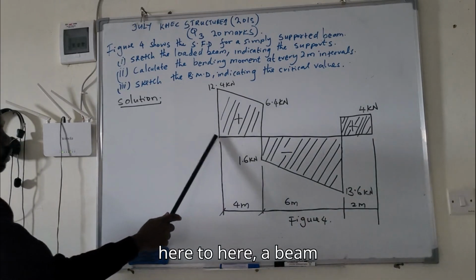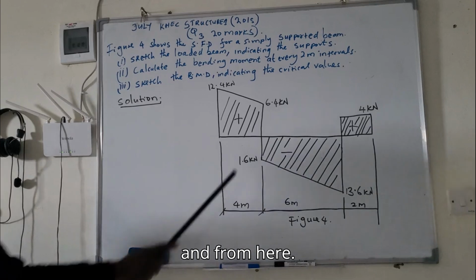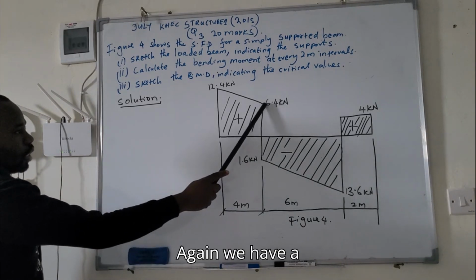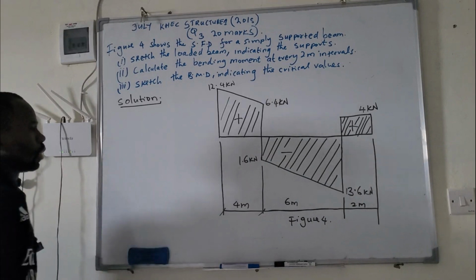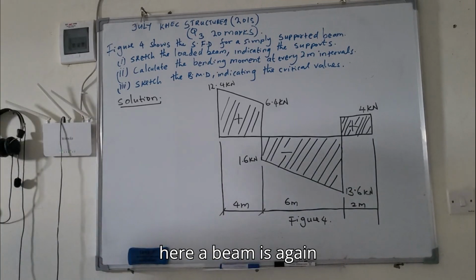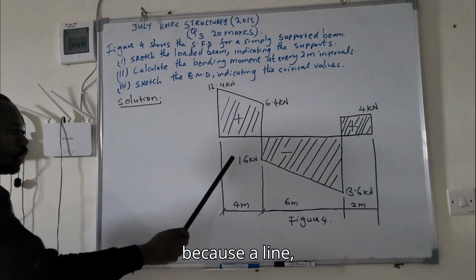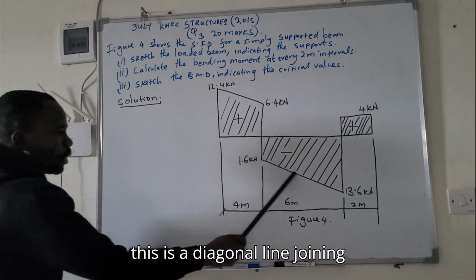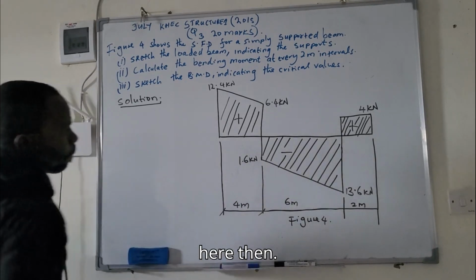So from here to here, the beam is loaded with a uniformly distributed load. And from here, again, we have a point load at this point. From here to here, the beam is again loaded with a UDL, because this is a diagonal line joining 2 points.